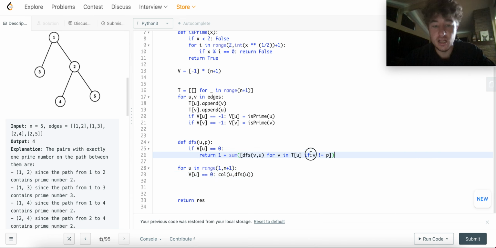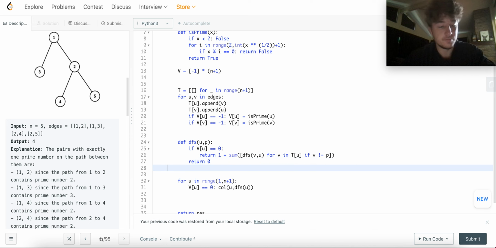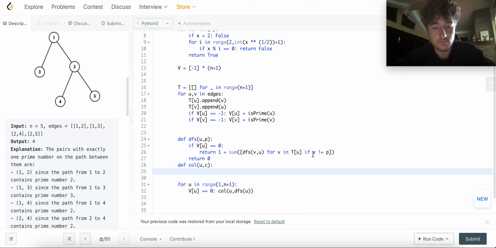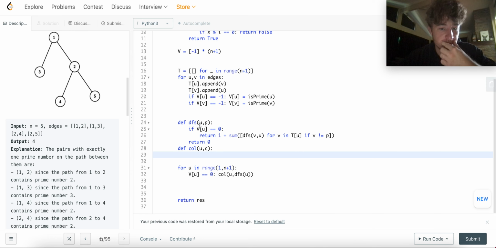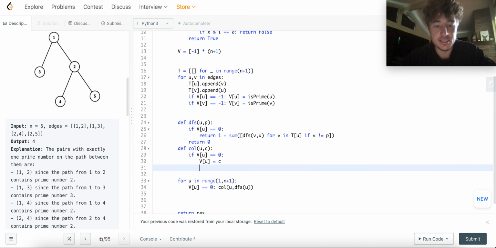And then we have to color them. So I guess we can return 0 here if that's a problem. All right, and then for coloring them, well, we just take U and then we take a color. If it equals 0, then it's nothing; we don't have to color till after. So then we say if V of U equals 0, we're going to color V of U equaling this color.